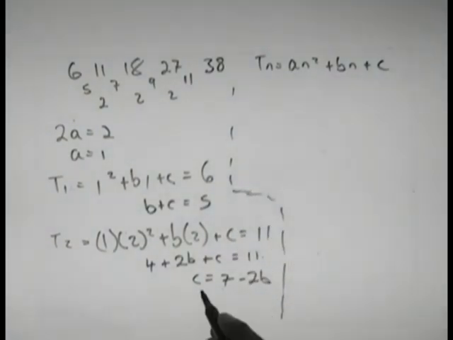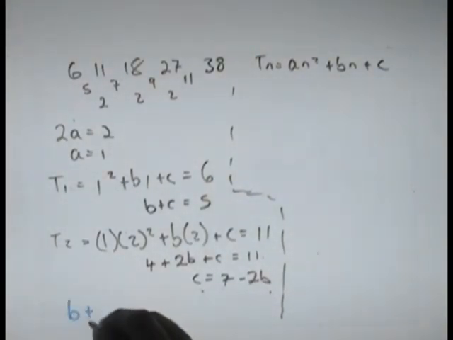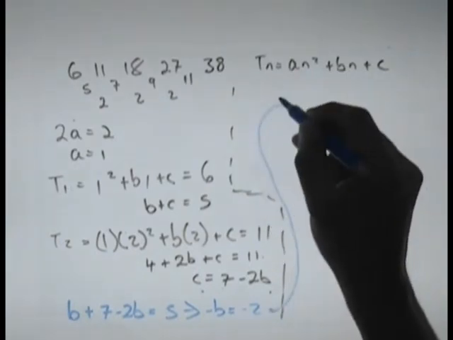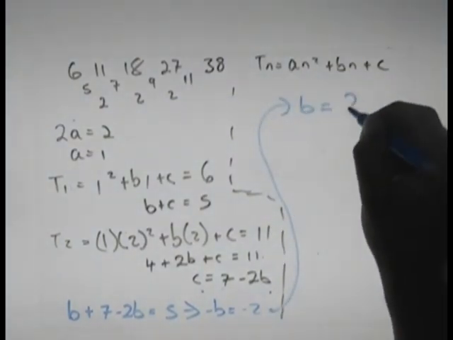I'm now going to substitute that into that. That means that b plus 7 minus 2b is equal to 5. b minus 2b is equal to minus b, which is equal to 5 minus 7. 5 minus 7 is minus 2. That means that b is equal to positive 2.